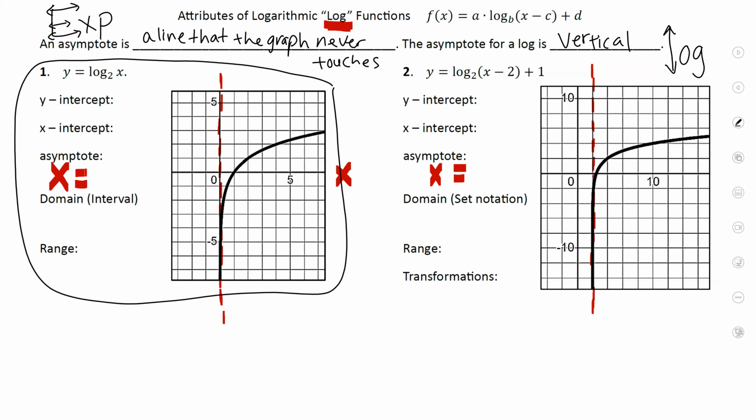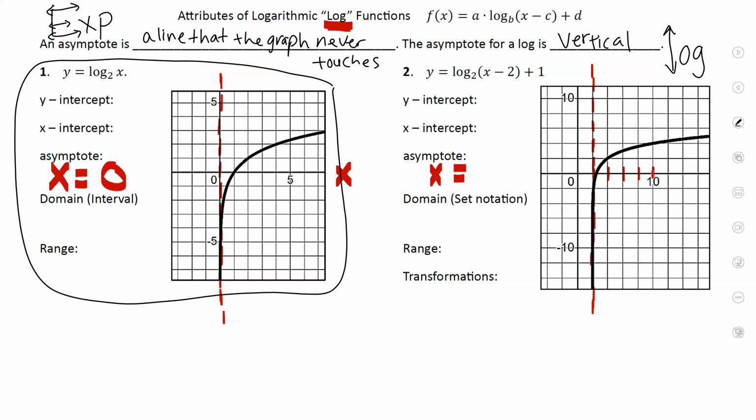Now, our first log, where does it cross the x-axis? At 0. For the second one, where does it cross the x-axis? And before you answer, I want you to stop, think, and look at the graph. Thank you, 2. Look at it. This is 2, 4, 6, 8, 10.